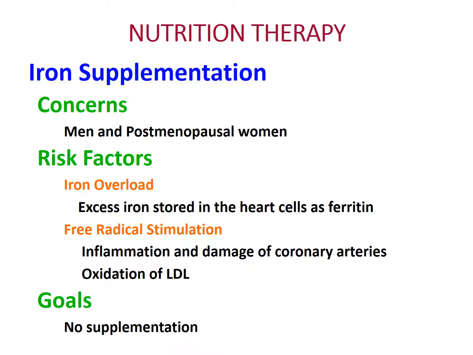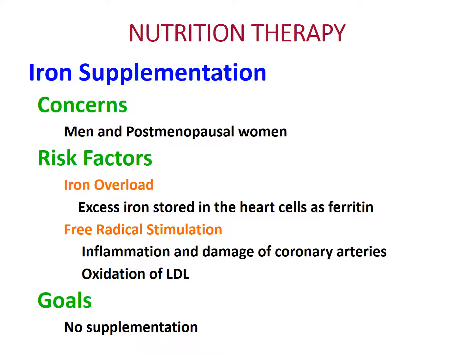If you eat a lot of red meat, especially men and postmenopausal women, and premenopausal women need the iron for anemia because of the loss of blood every month. But postmenopausal women become more like men, and they don't need the extra iron, and you can get iron overload, and it's considered cardiotoxic.